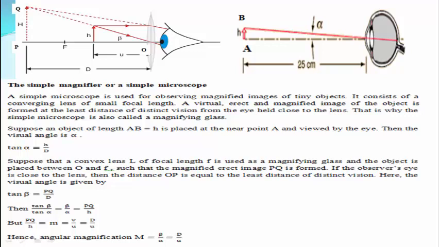But PQ divided by h is nothing but your magnification, which is denoted as m, which is equal to v by u, where v is the image distance and u is the object distance, and the image distance is replaced by the least distance of distinct vision, that is D divided by u. Hence, angular magnification m is equal to beta divided by alpha, which is taken as D divided by u.